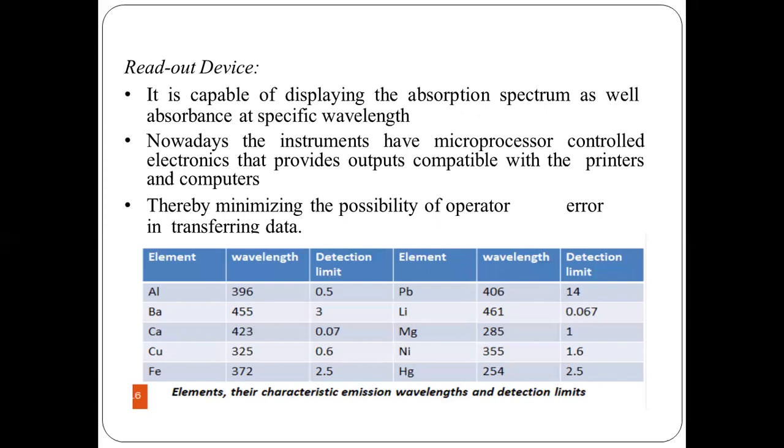For example, when the aluminium element is burned, heated up at 396 nanometer wavelength, its detection limit is 0.5. Similarly, there are various other types of elements. You can see in the table the different elements, their wavelengths, and their detection limits.